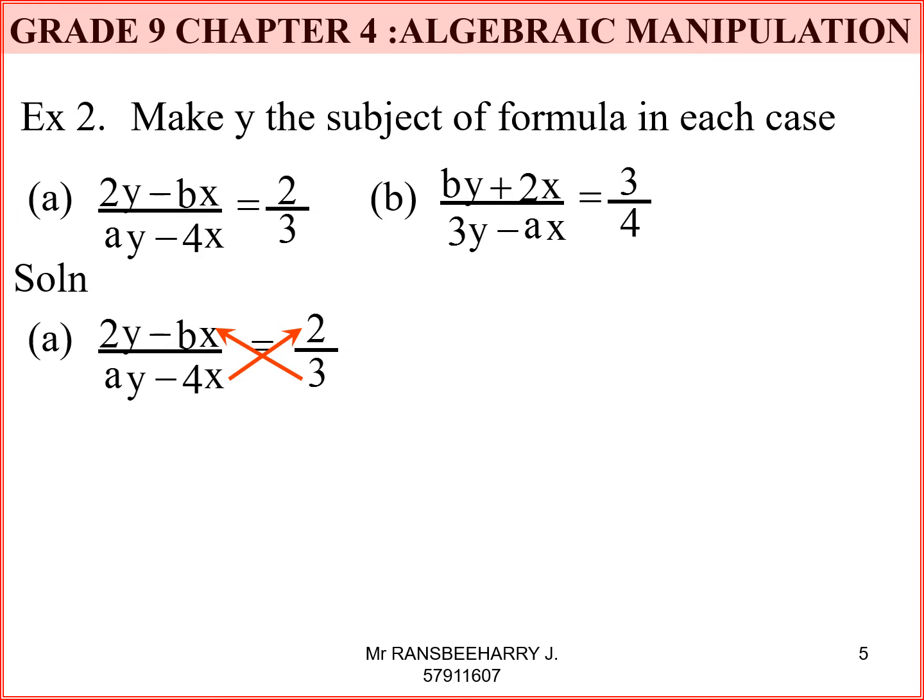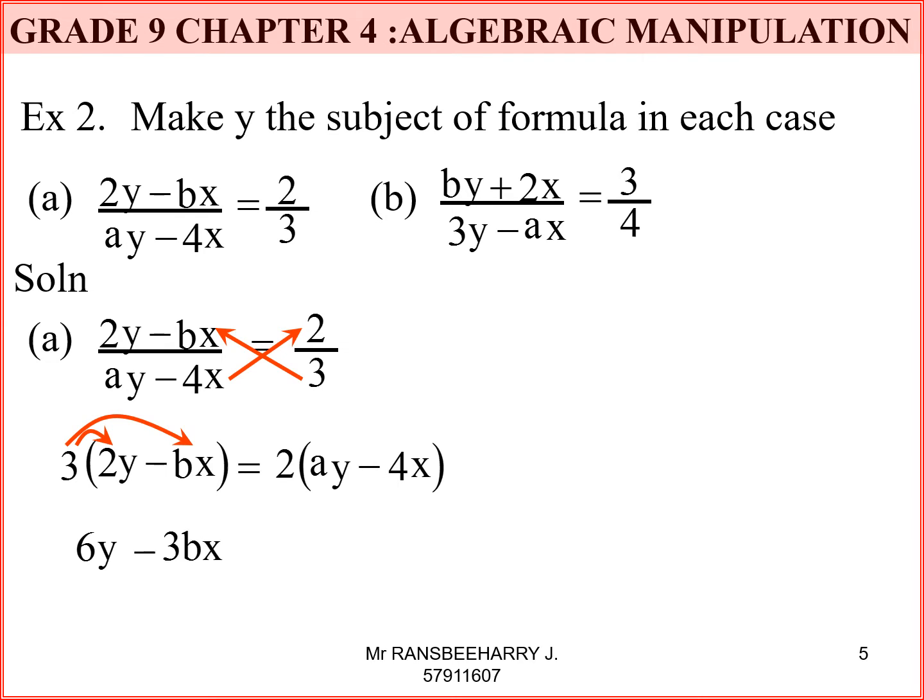So step 1, we cross multiply. So we obtain 3 into 2y minus bx is equal to 2 into ay minus 4x. Next step, expand the brackets. We obtain 6y minus 3bx is equal to 2ay minus 8x.